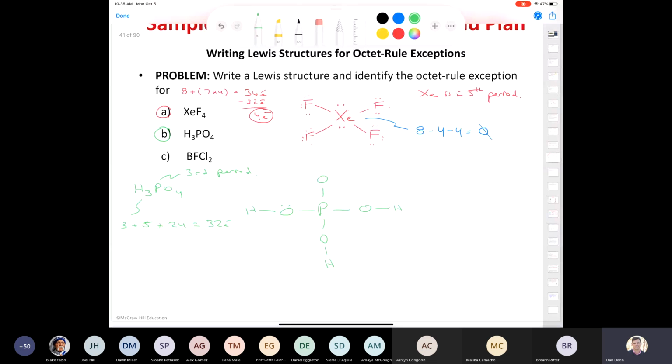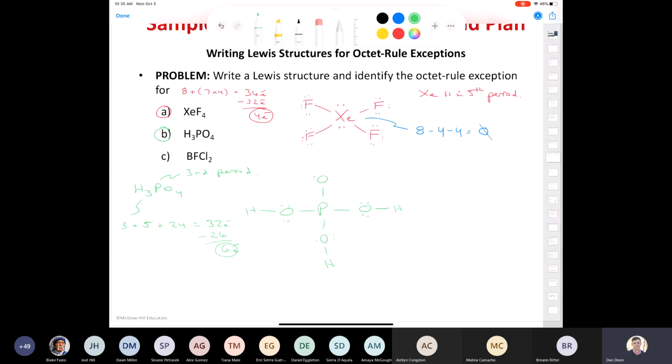So if I have 2 bonds on these oxygens and I put 2 lone pairs, then I've used up a total of 8 times 3, 24, 25, 26. When I subtract 26, then I've got a total of 6 electrons left over. Well, where can those electrons go?